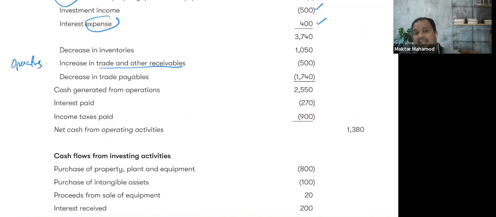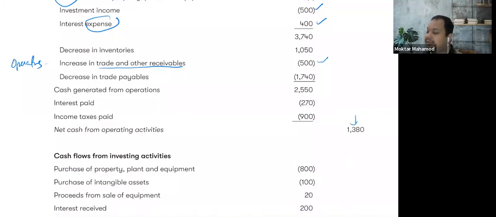So you need to look at that balance in order to complete the cash flow movement. So it was like total revenue, you have 1,000 and then 500 is not paid. And then bila you tolak 500, automatically only 500 is left for your cash collection from the revenue.